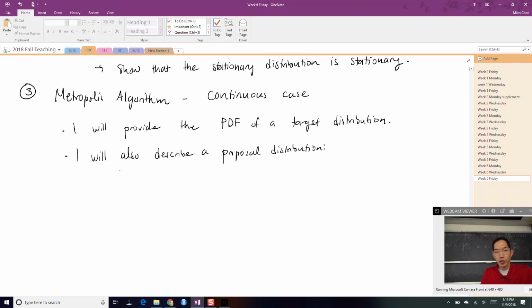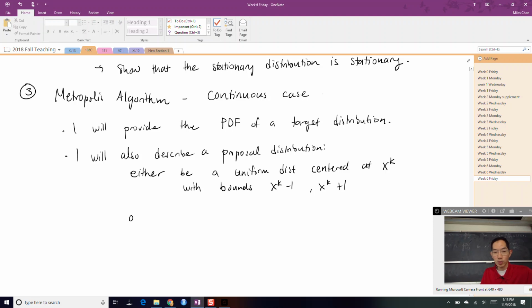The proposal distribution will either be a uniform distribution centered at xk, with bounds xk minus 1 to xk plus 1, or a normal distribution centered at xk with standard deviation equal to 1.